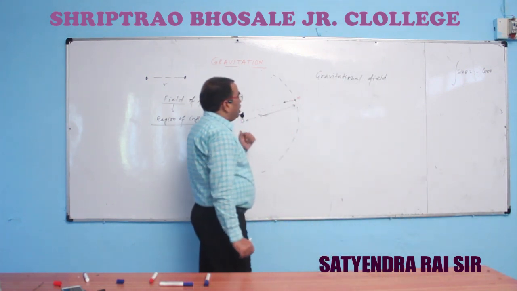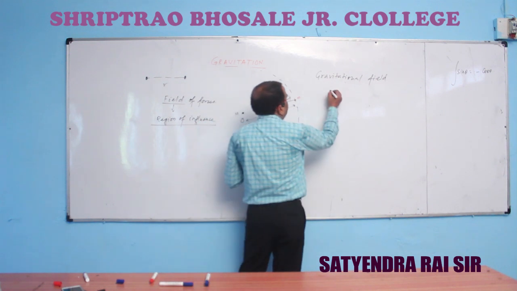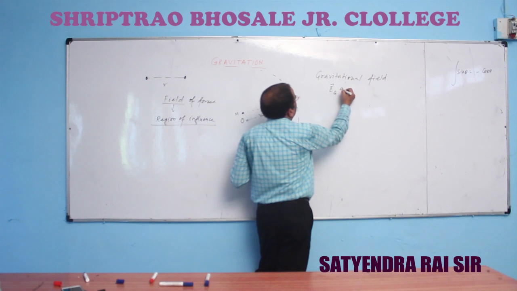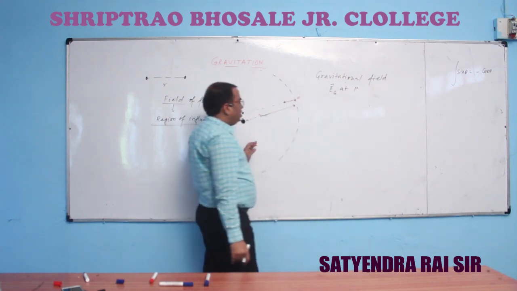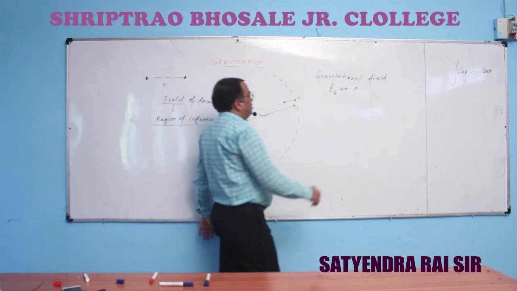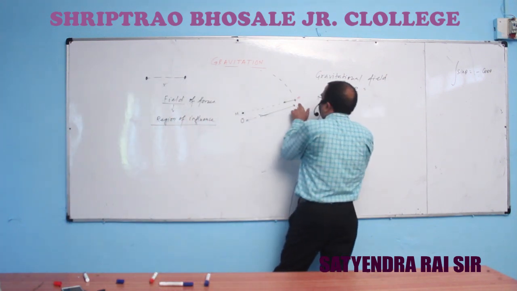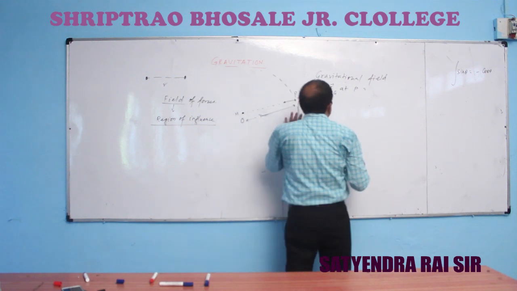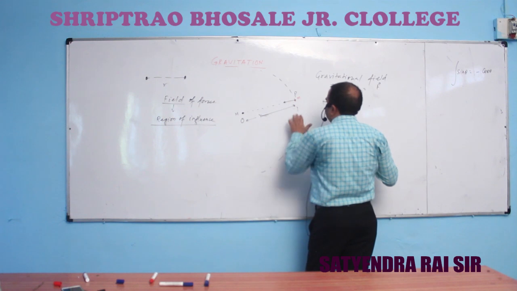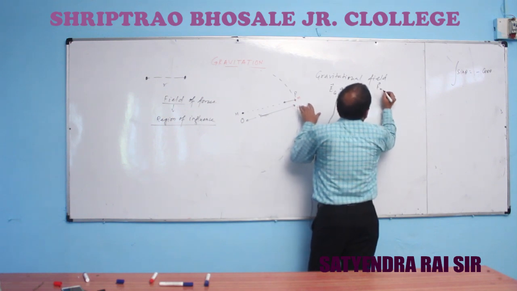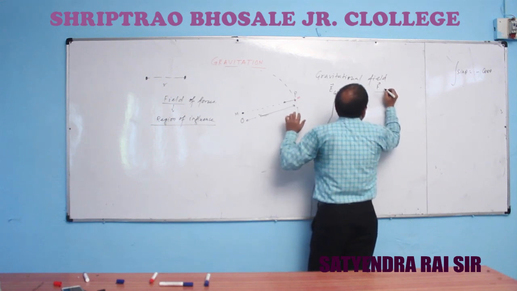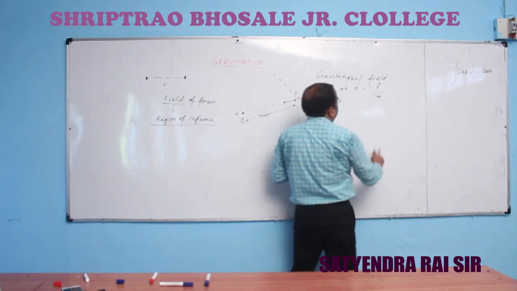Now see how to measure the field. The strength of the field at P is known as Eg. We write E gravitational at P, defined as the force experienced by the particle at P, F, divided by the mass of the particle, small m.